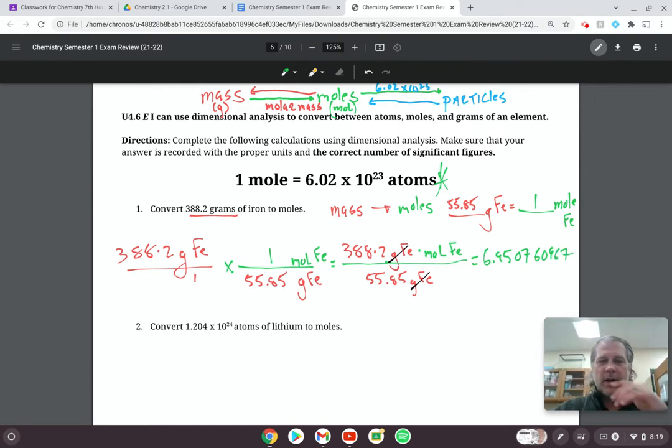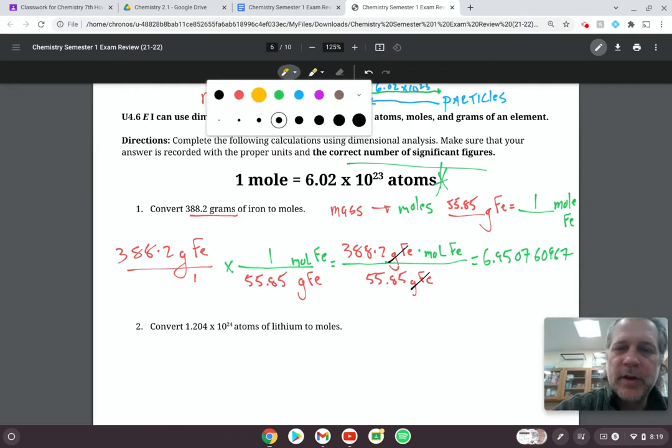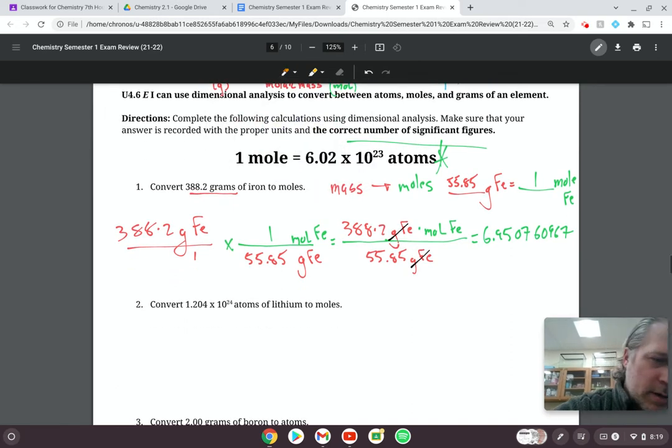Now we need to go ahead and assess significant figures. The way that I usually do it is I look at the number that's been given to me in the problem, and that usually determines the number of significant figures that my problem will have. So in this instance, I'm going to draw that line, and I'm going to count 1, 2, 3, 4.